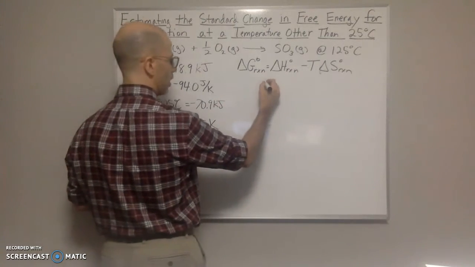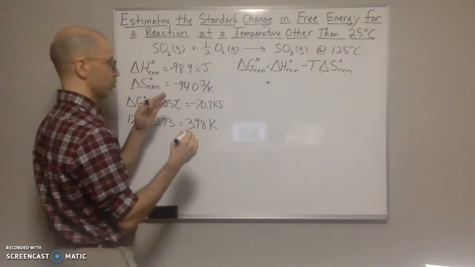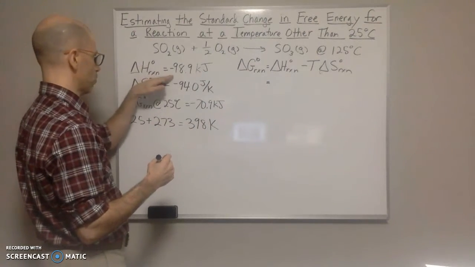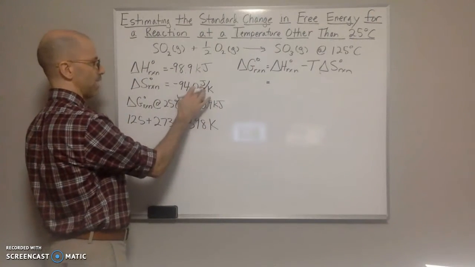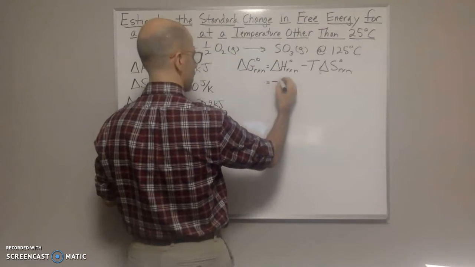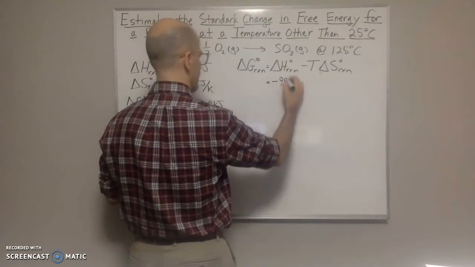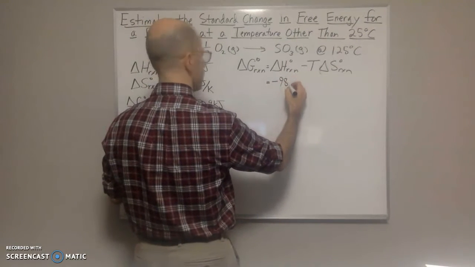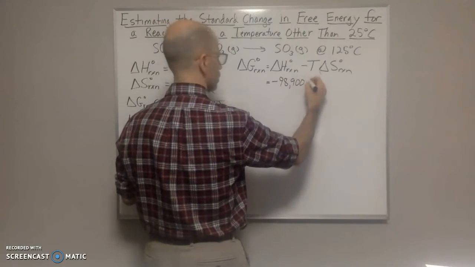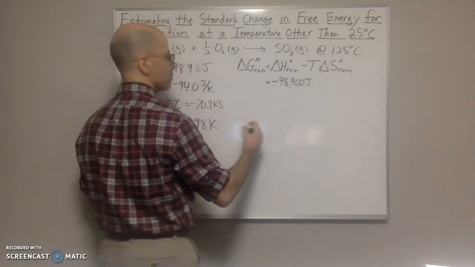Okay, so this is going to be equal to the delta H of the reaction is here. We're going to change this to joules to match with joules there. So this is going to be negative 98,900 joules.